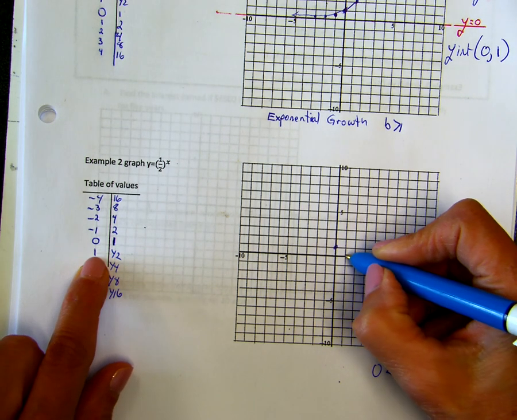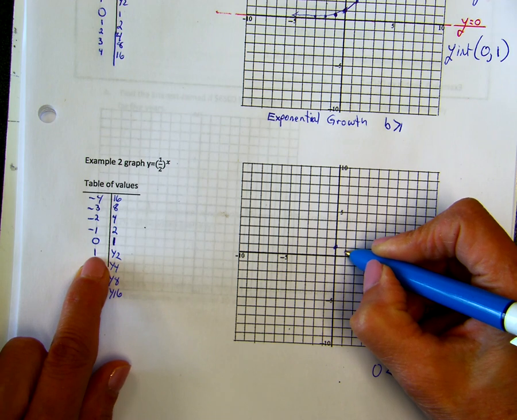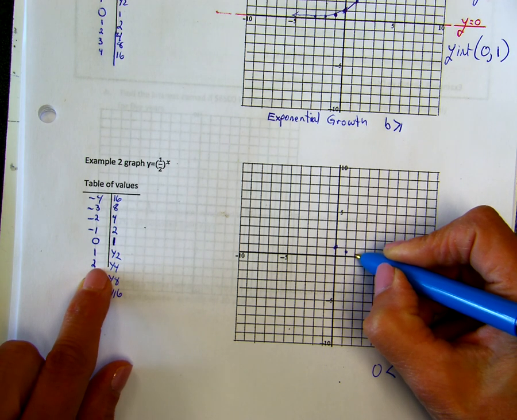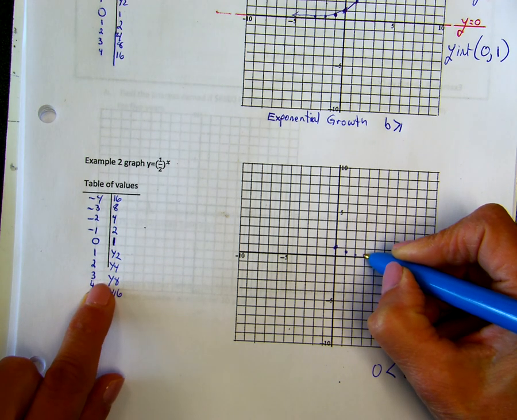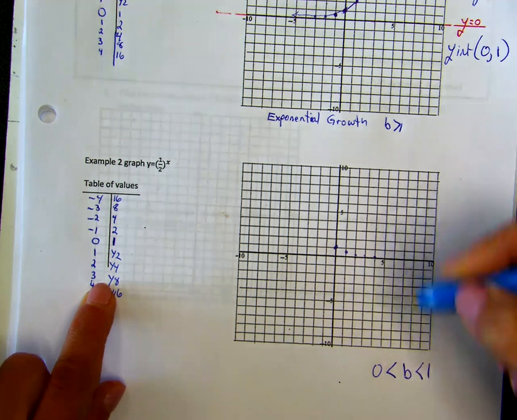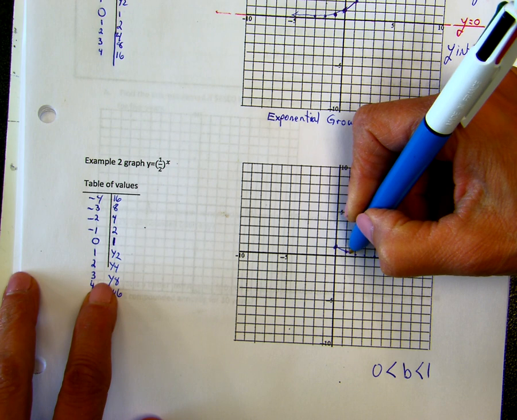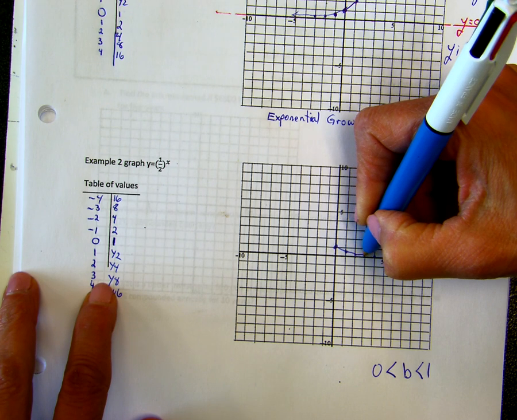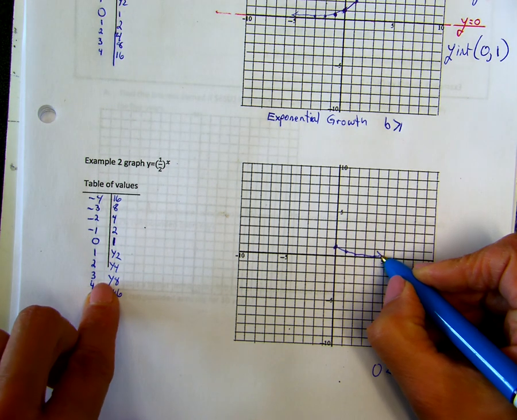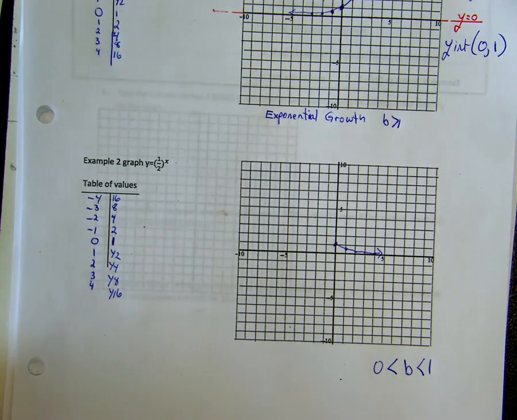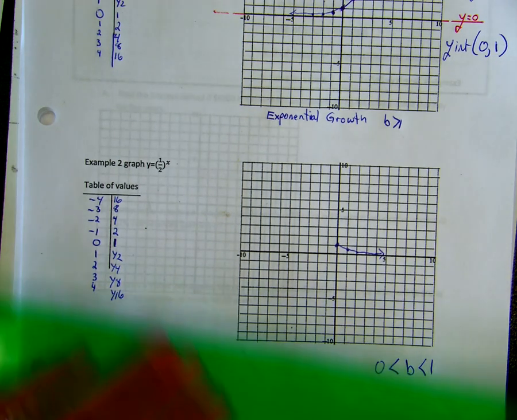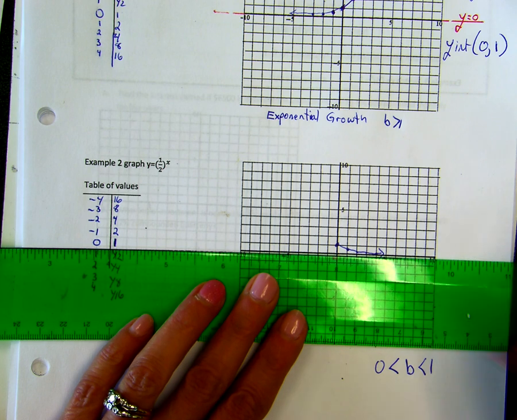X is 1, and I'm estimating y is 1/2. X is 2, we've got a quarter. We've got an eighth. We got a 16th. And we can see that now as x gets larger, our function gets closer and closer to 0, which is what's called a horizontal asymptote, right here along the y-axis.